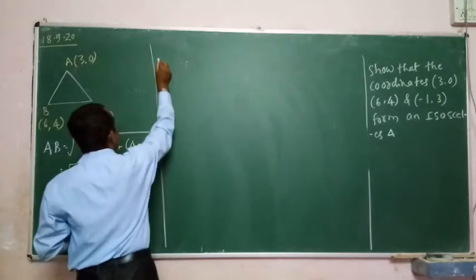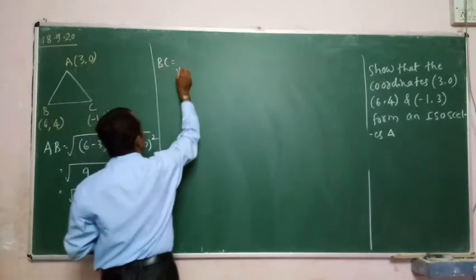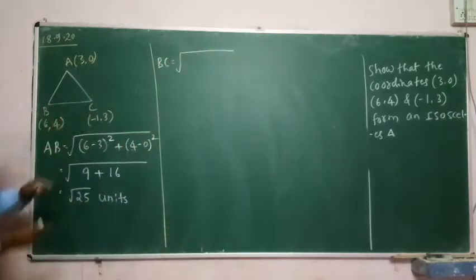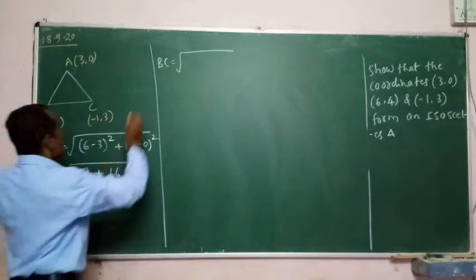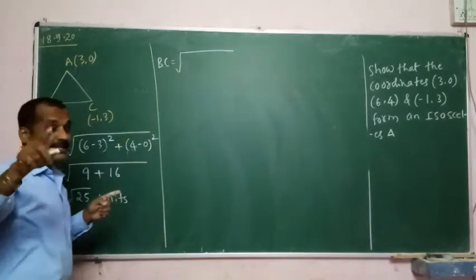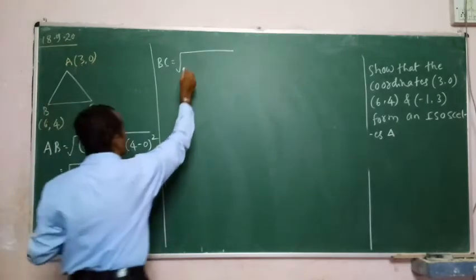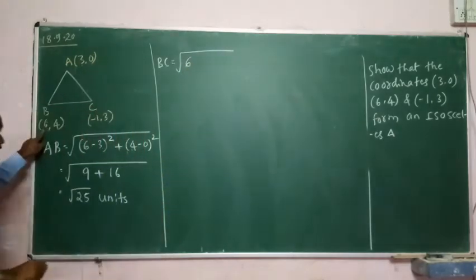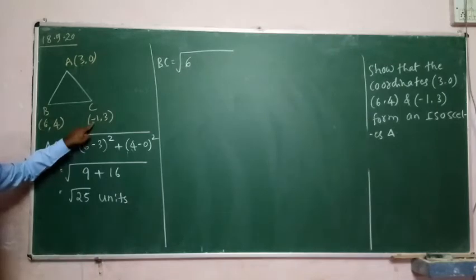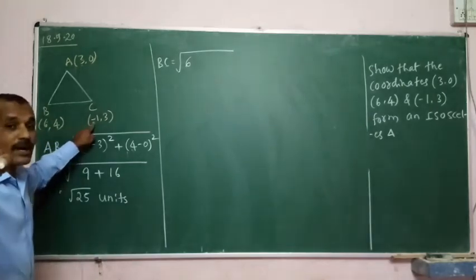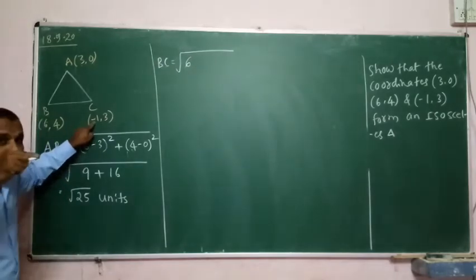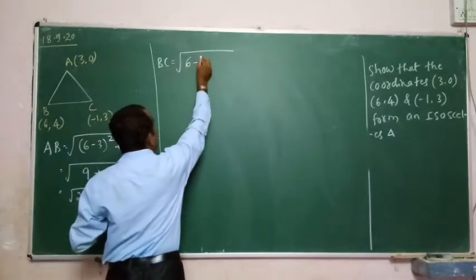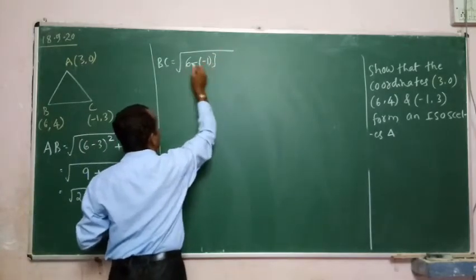I will go for BC. Length of BC I will start. See? This minus this, or this minus this. No difference at all. But don't make the mistake in writing the sign. 6 minus of minus 1. See? x2 minus x1 the whole square. 1 minus from the formula, 1 minus from the number, 2 minus will come. Minus of minus 1 the whole square.